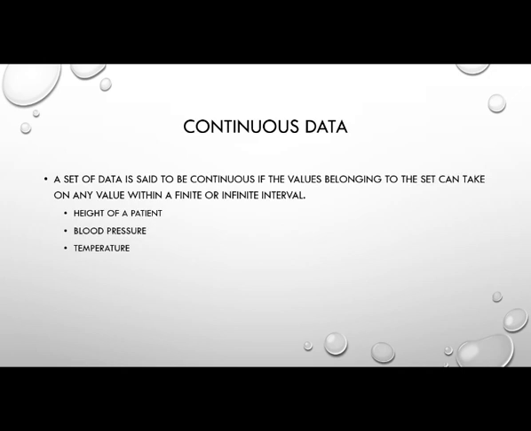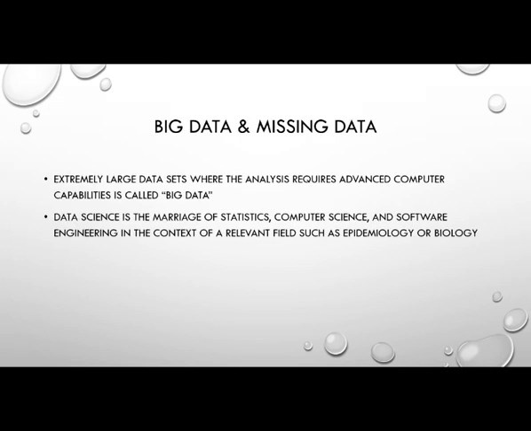Continuous data is a set of data that's said to be continuous if the values belonging to the set can take on any value within a finite or infinite interval. So the height of a patient, blood pressure, temperature, right? You can have fractional spaces in between the height of me and the height of you, right?